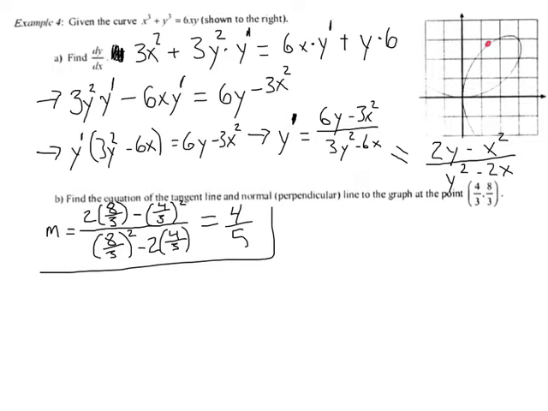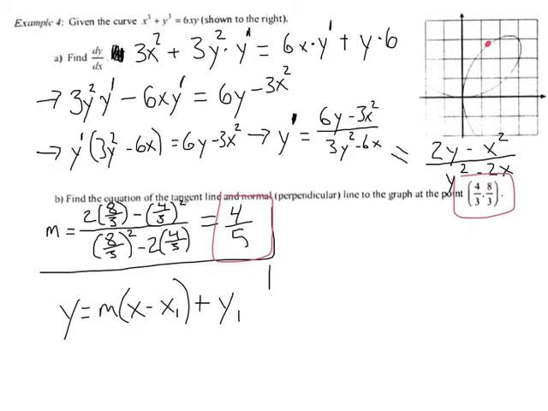So circle a couple things in red. Remember, this is our slope, and this is our point. As we work through our tangent line, the other thing I want you to remember is that our formula for a line, at least in point-slope form, is y equals m times x minus x sub 1 plus y sub 1.